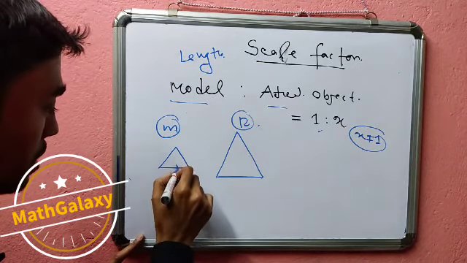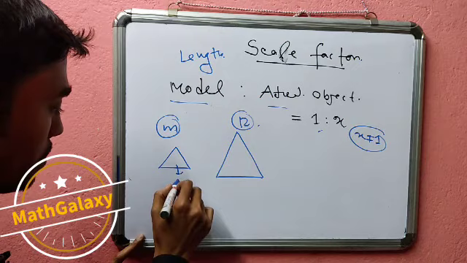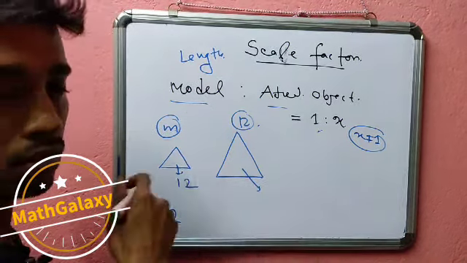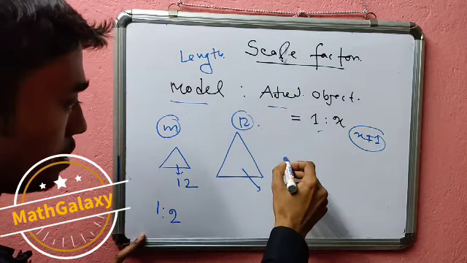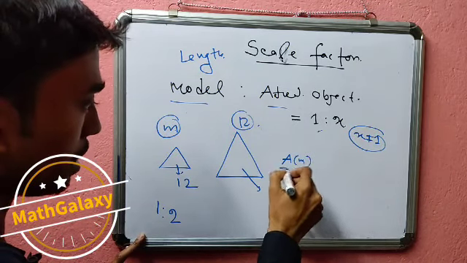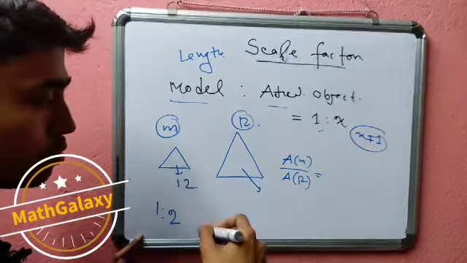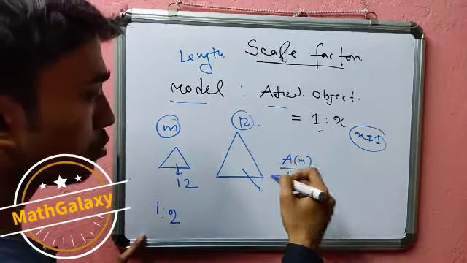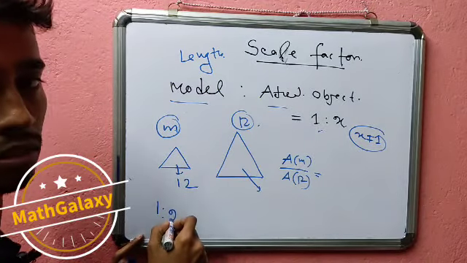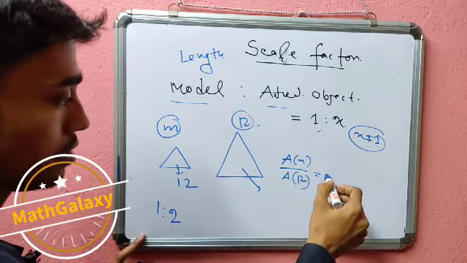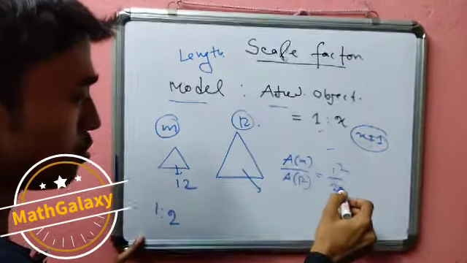And let's imagine that this area is 12. So then what is the area of this thing? Now you see that the area of the model by the area of the real triangle should not be the ratio of the lengths, but rather it will be the ratio of the squares, meaning 1 squared by 2 squared.